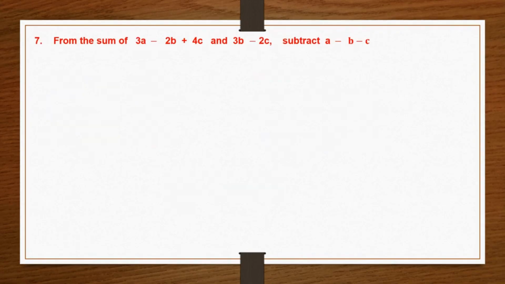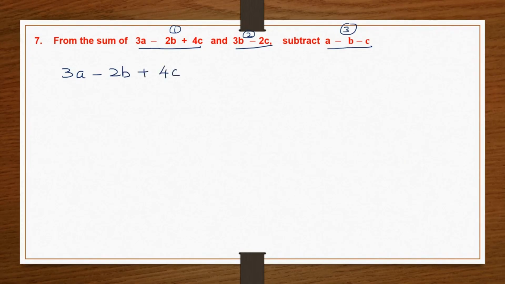Question 7. From the sum of the first expression here and this, which is the second expression, we have to subtract the third expression. So first let's find the sum of 3a minus 2b plus 4c and 3b minus 2c.